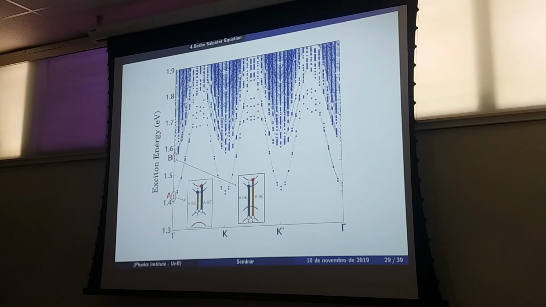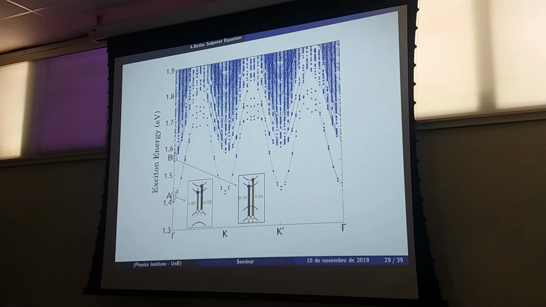You can see that the lowest energies are with this zero momentum here. Here we have basically two exciton states, what's called the A exciton and the B exciton. You have the first state, a bright state, and the second one a dark state here. They are very close, but one emits light and the other one doesn't. And here we have some scheme here only showing.